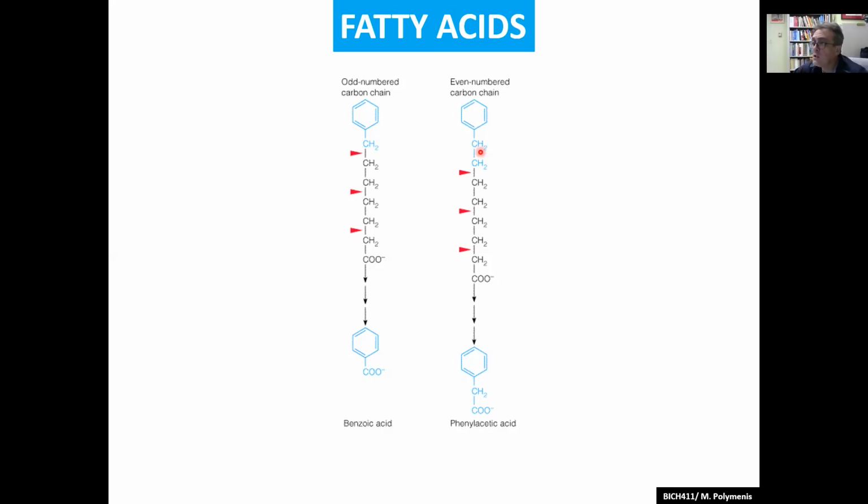Therefore, he deduced that the only way this can happen is if the carbon chain is broken down 2 carbons at a time. So it's very clear. These are the 2 products, depending on what you feed them, and so it really must move on processively from one end all the way down, 2 carbons at a time.